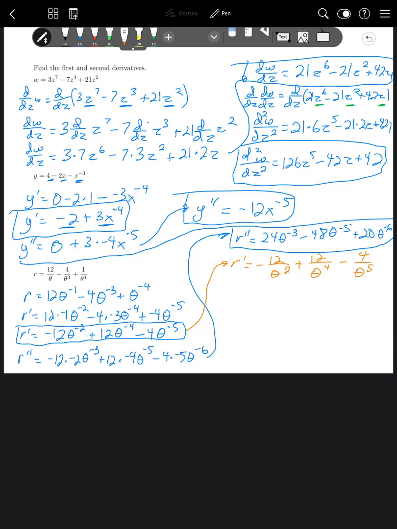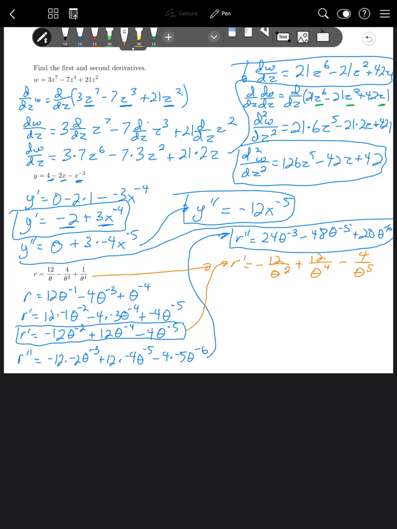So what we want to do is compare that to where we started. So how do we get from r to r prime? What appears to be happening to these problems? First of all, if we look at the exponents of the ones in the denominator, we start with 1, 3, and 4, and we go to 2, 4, and 5. So that means we added 1 to the exponent.